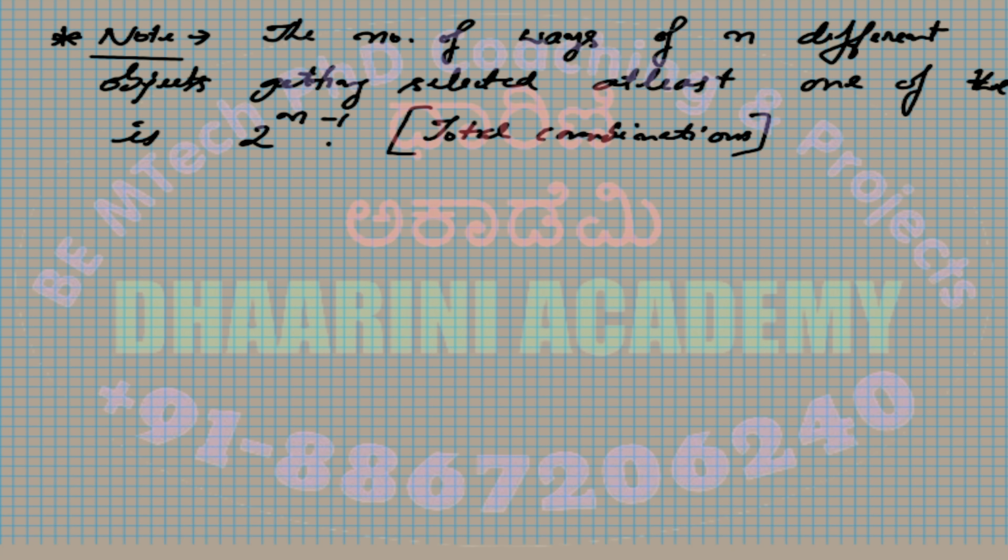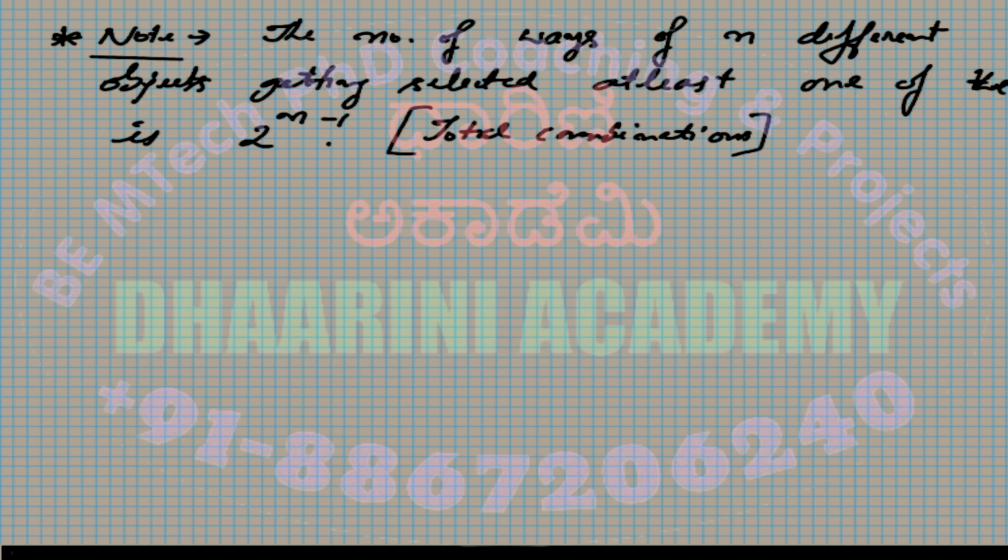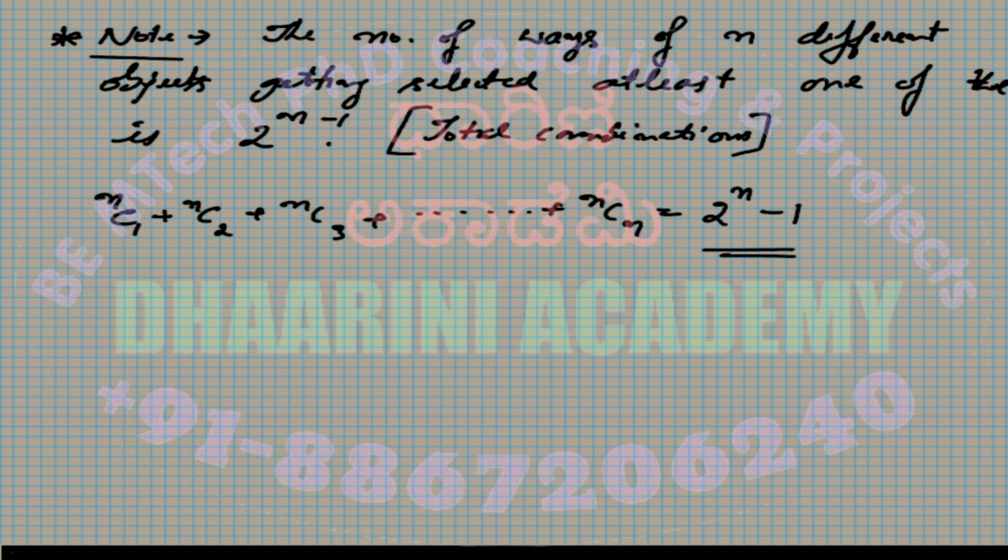In how many ways can you select at least one, then two, then three, then four, and then all of them. If you have n objects, it is nC1, nC2, nC3 plus all the terms up to nCn. This is the total combinations possible, given by 2 to the power n minus 1. That's the statement.